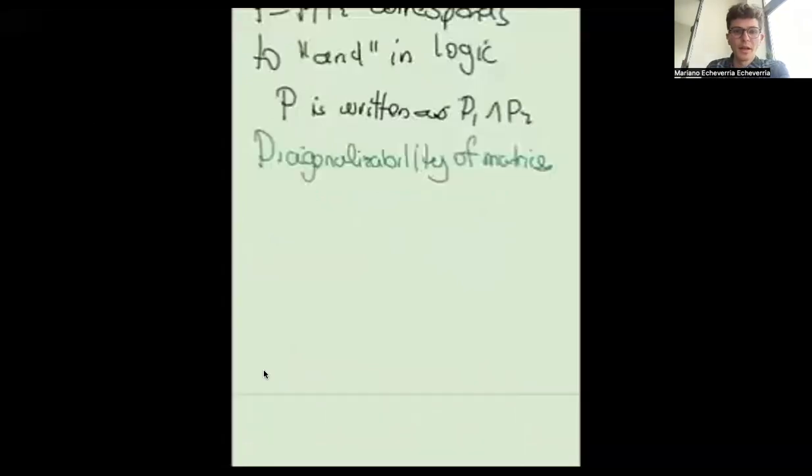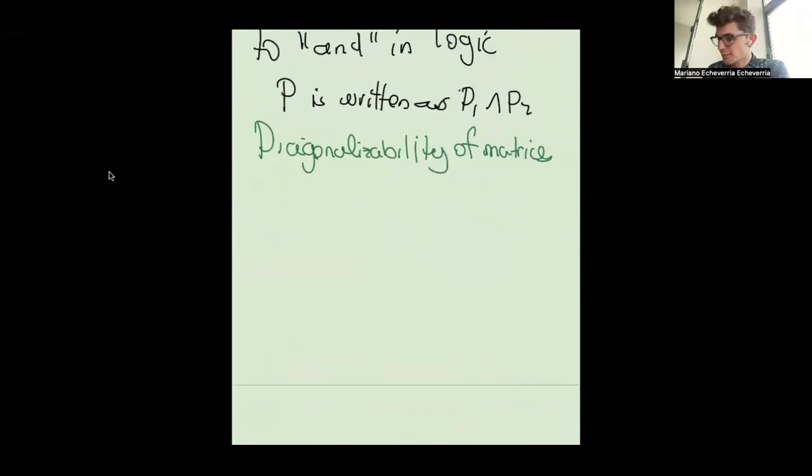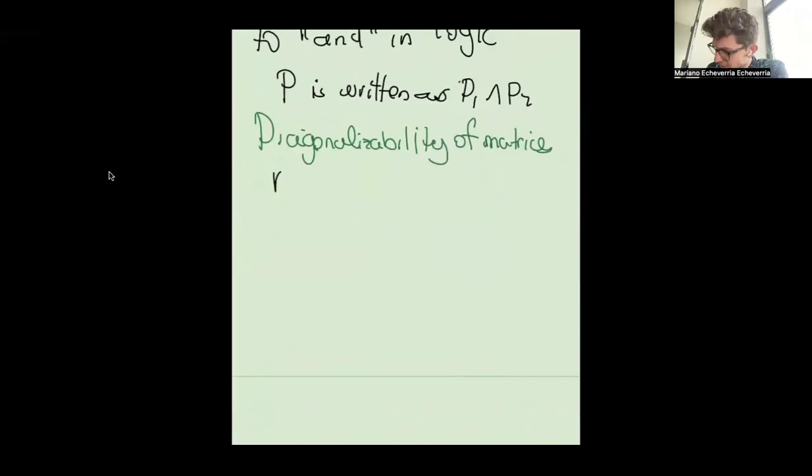If you remember, what does it mean for a matrix to be diagonalizable? If you have an n by n matrix, it is diagonalizable if the matrix has n linearly independent eigenvectors.